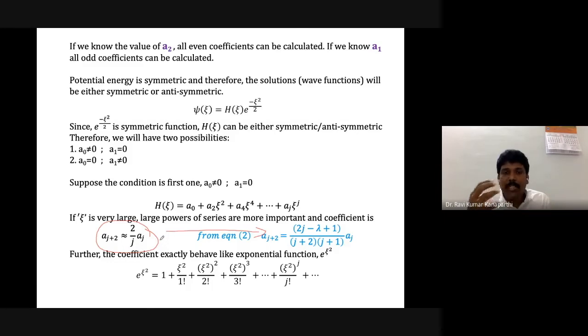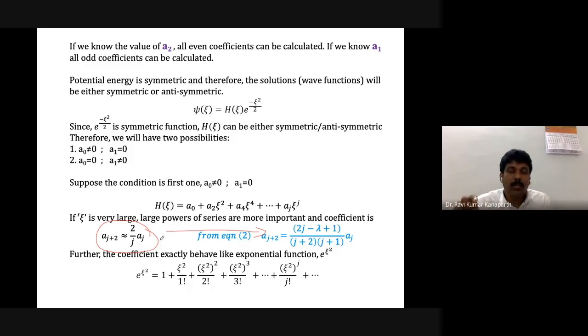Then, having followed this, the next thing is, I'm claiming something. I have a mathematical function. That function is nothing but e to the power z square. e to the power z square can be expressed in an infinite power series, like e to the power x.